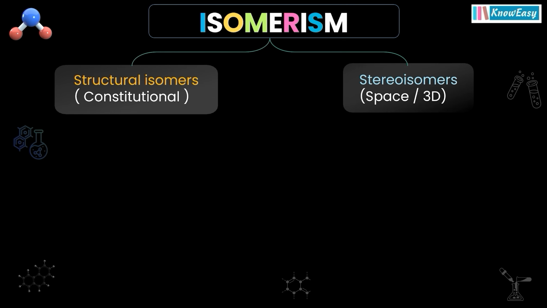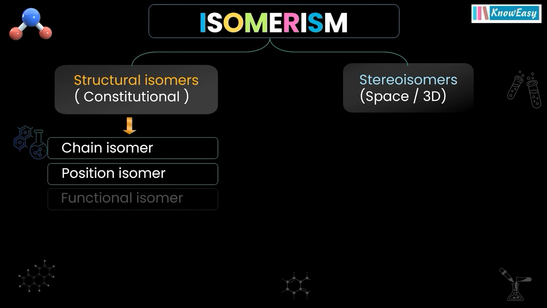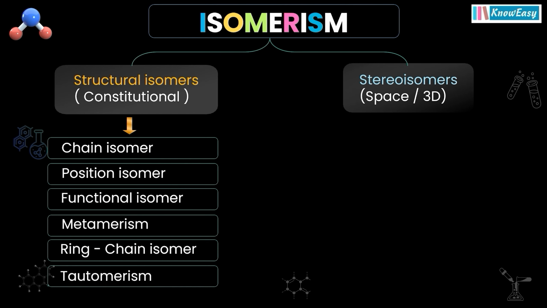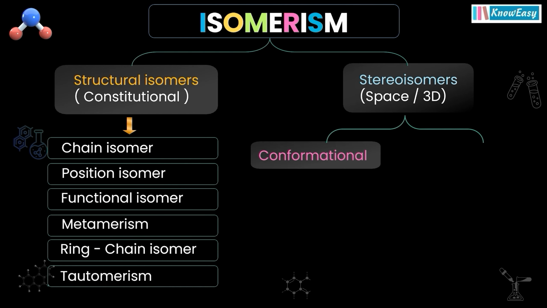Structural isomers are further classified as chain isomer, positional isomer, functional isomer, metamer, ring chain isomer and tautomer, whereas stereoisomers are classified as conformational isomer and configurational isomers. We will see what is the actual difference between conformational isomer and configurational isomer.